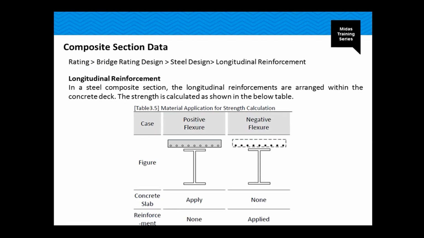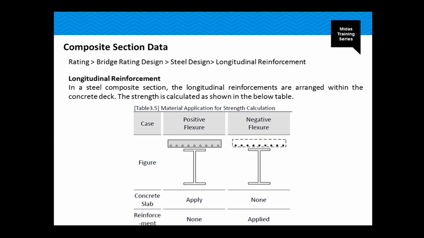For this steel composite, you can also define the longitudinal reinforcement. As we mentioned earlier, you have the option of defining the plans. In the load rating, you have to define the information based on the plans of the bridge. So in this case, you can also consider the reinforcement to perform the load rating.